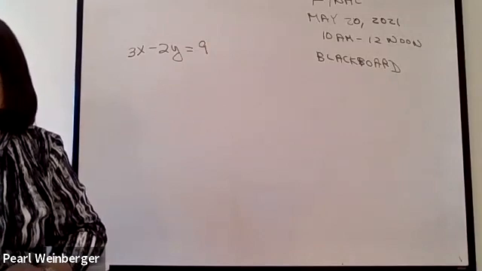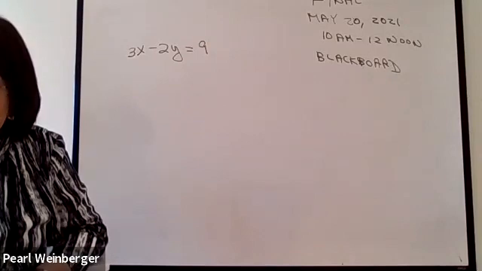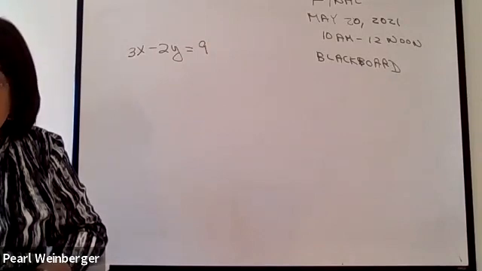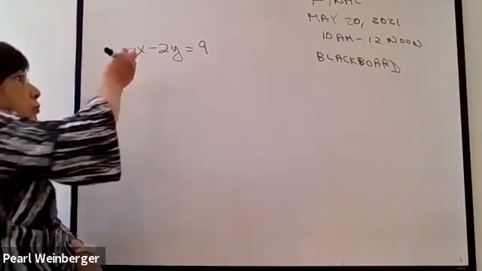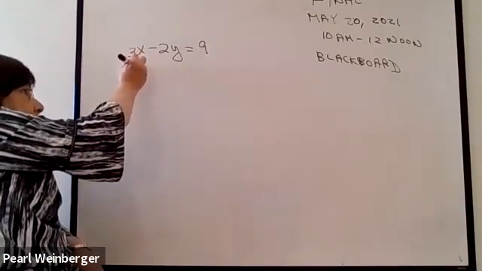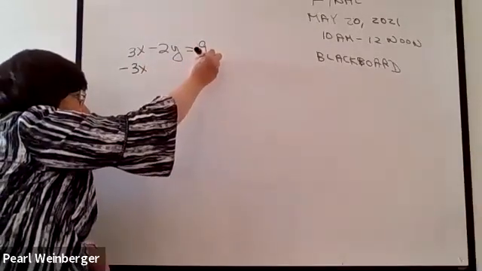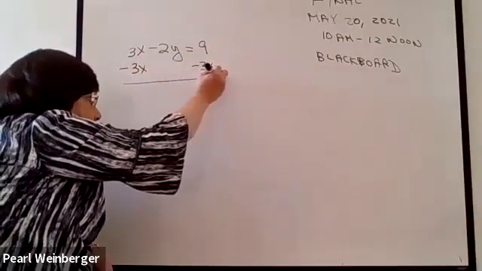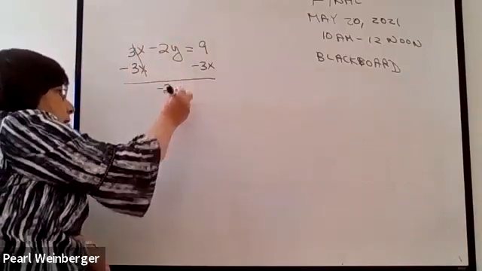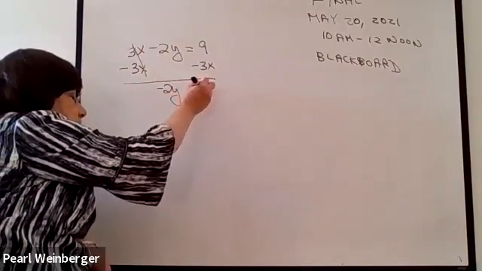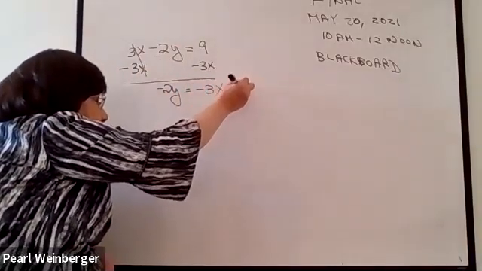So the first thing you're going to want to do is put it in what we call the y equals mx plus b form. So we have to bring the 3x to the other side. That leaves me negative 2y equals negative 3x plus 9.